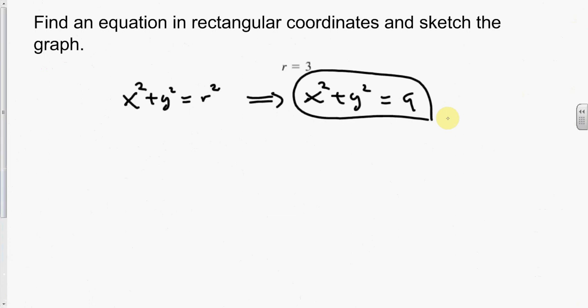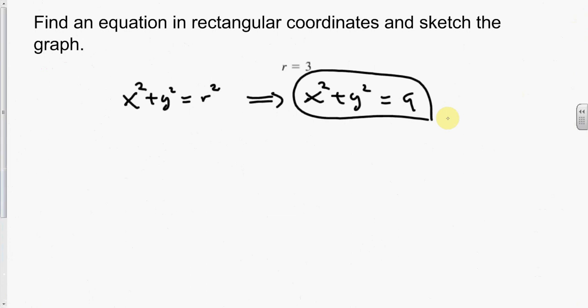I skipped all that. I just said, find an equation in rectangular coordinates and sketch the graph. So the original phrase was that you're given an equation in cylindrical. That means that you're in three space. From three space, if I have something like this, I don't think a circle. I think now a cylinder. So it's a cylinder with radius 3.